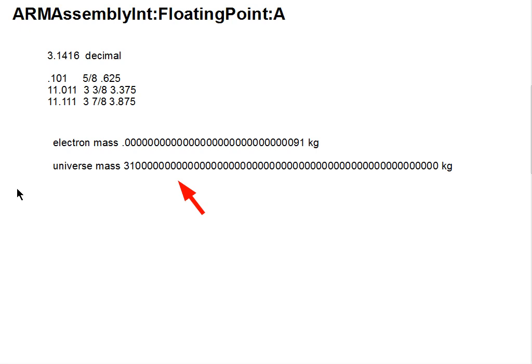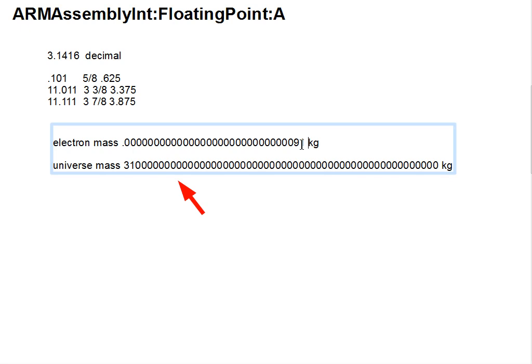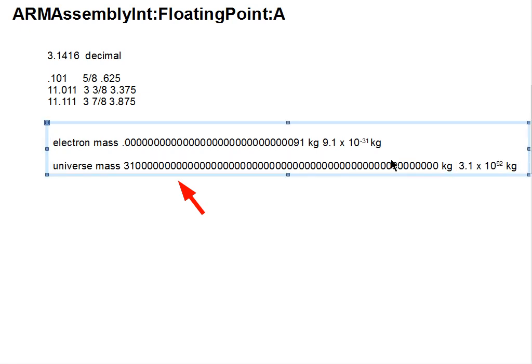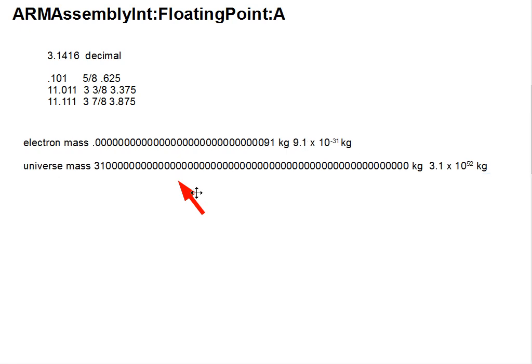So an electron's mass instead is 9.1 times 10 to the minus 31st power kilograms. And the mass of the universe is 3.1 times 10 to the 52nd power kilograms. And the mantissa, 9.1 or 3.1, determines the accuracy.